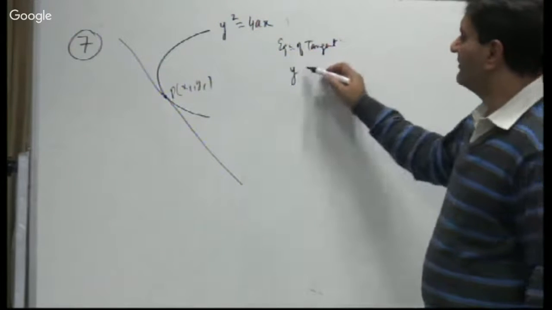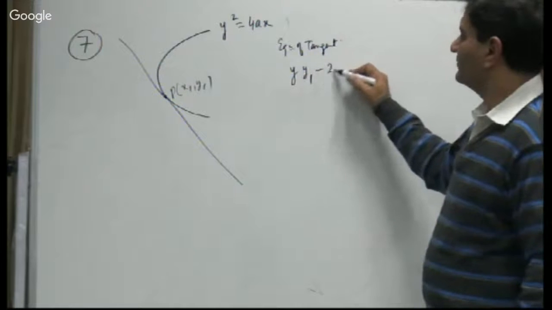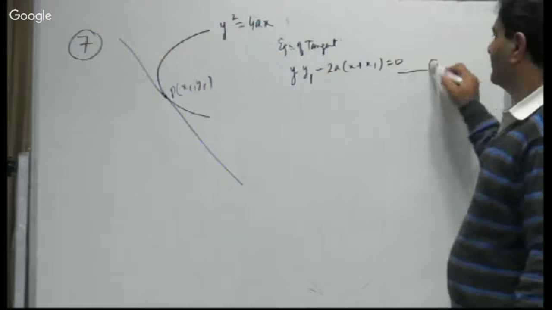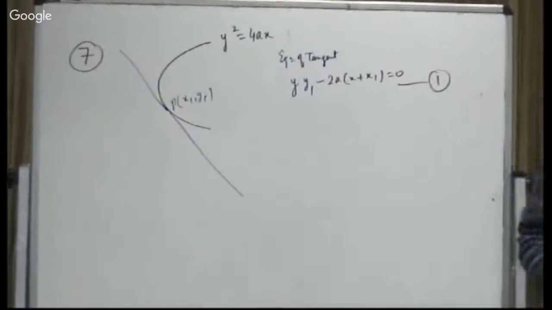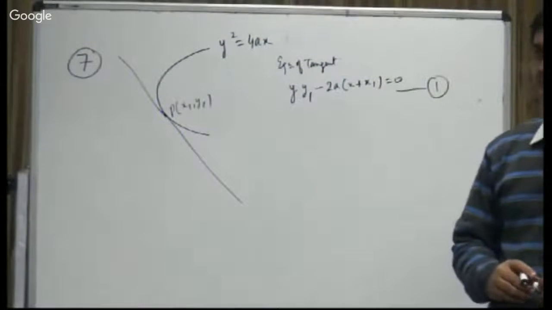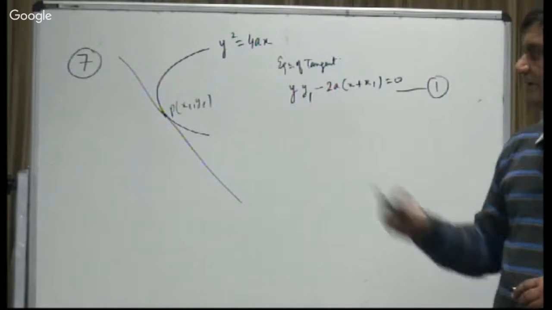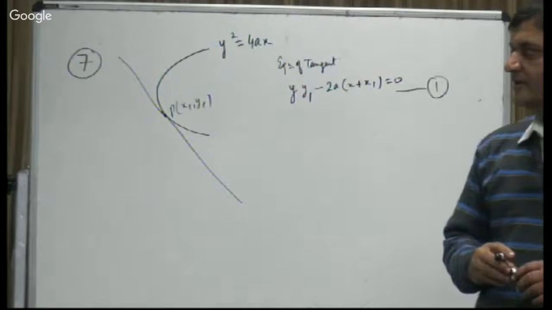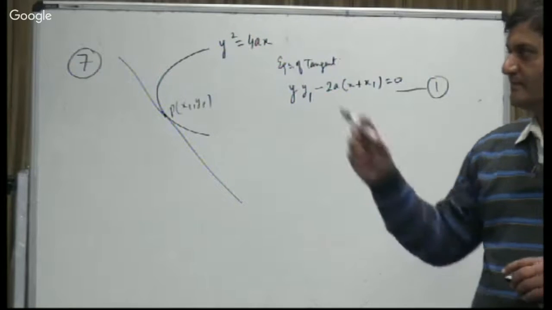Yeah, y y1 equals 2a times x plus x1. This is the equation of tangent. This tangent meets another parabola which is given to you, y square equal to 4a times x plus b, at q and r.